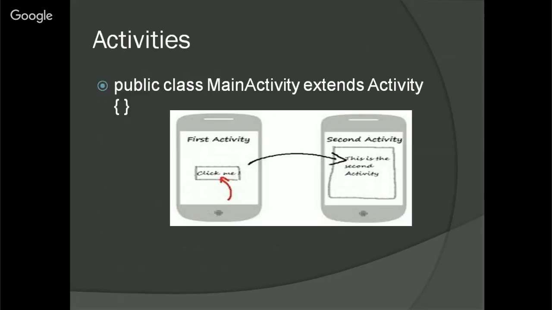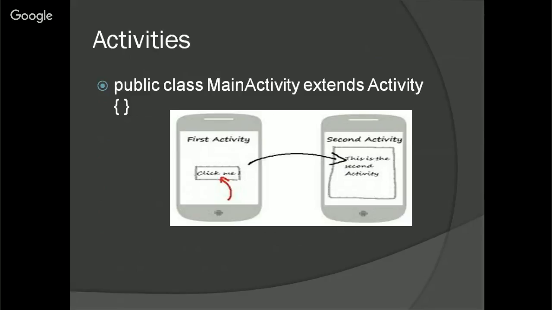And if you look at the second activity, which is also a user interface, it was generated because of the first activity. The first activity was itself generated by the user interface, and that user interface was created in an XML file. The second activity was possible only because it was moved by the first activity.